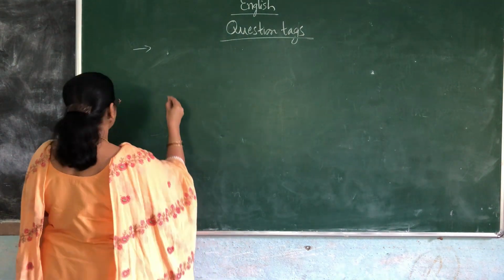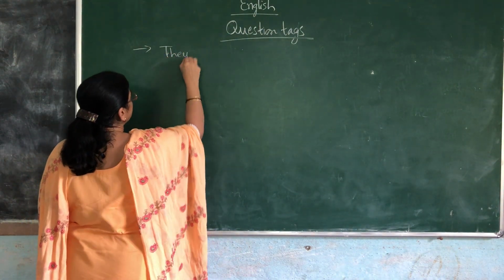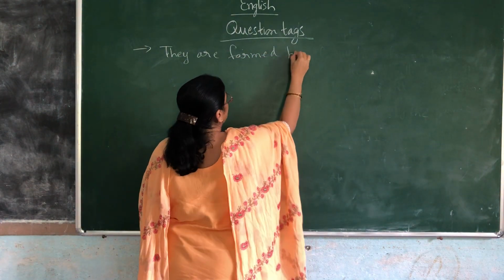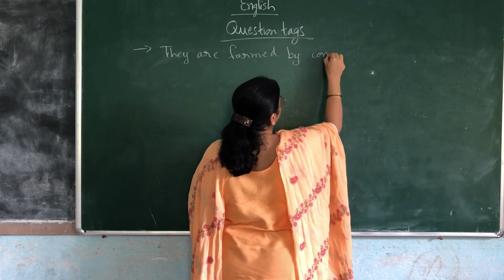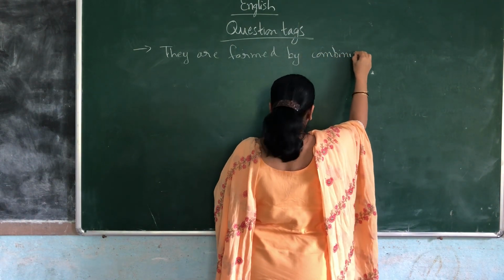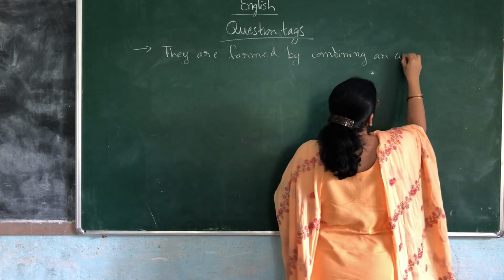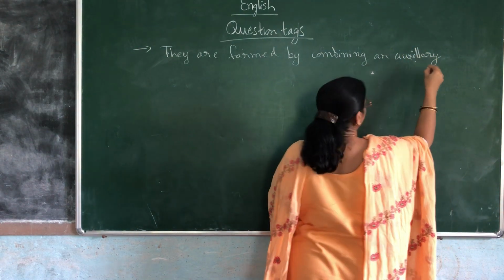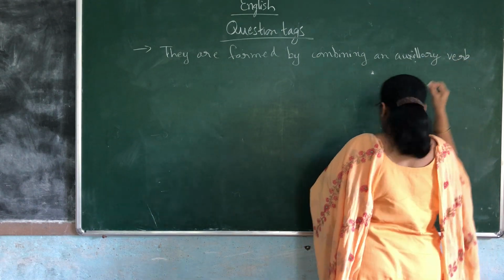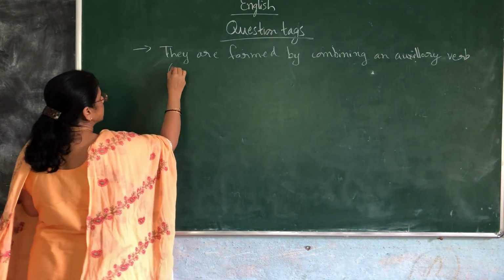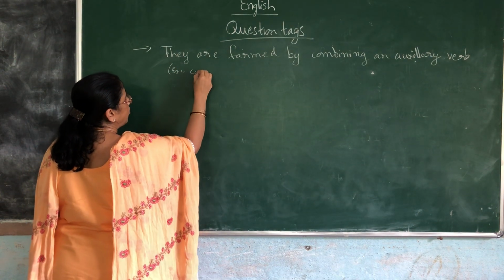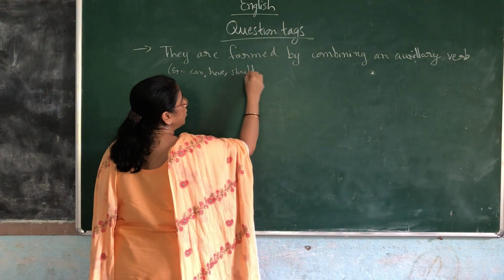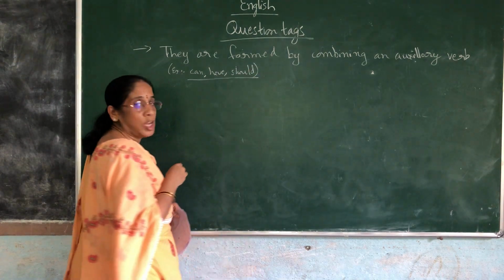These question tags are formed by combining an auxiliary, which is nothing but the helping verbs in the statement. For example, can, have, should. These are called auxiliaries or helping verbs.